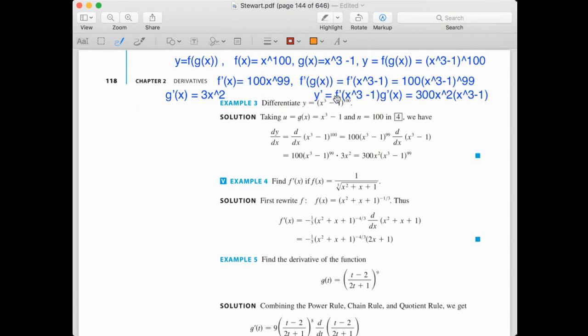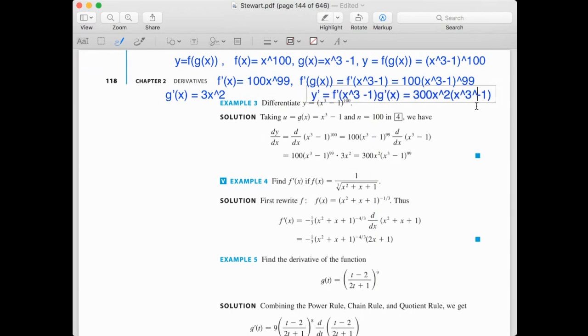So y prime equals f prime, which takes g as input, very important, takes the g of x as input, times g prime of x. So we multiply, then we get 300 x squared times x raised to 3 minus 1. I'm missing something. I'm missing raised to 99.